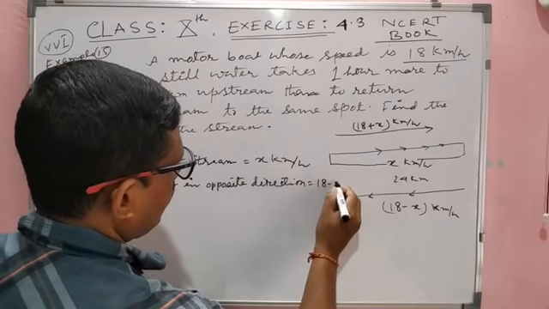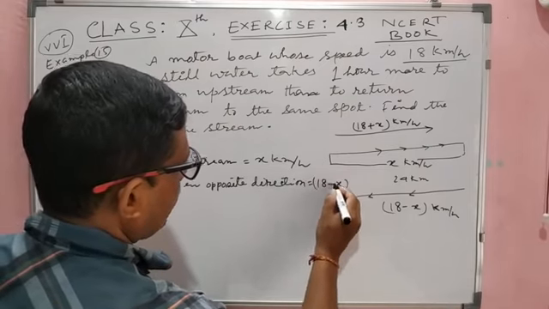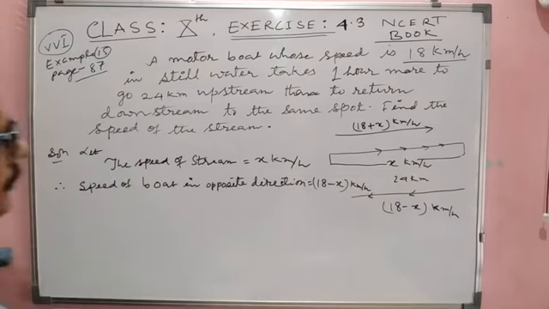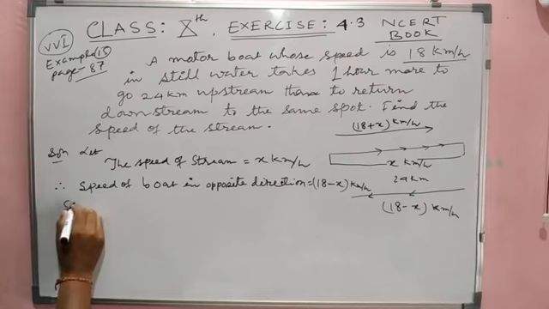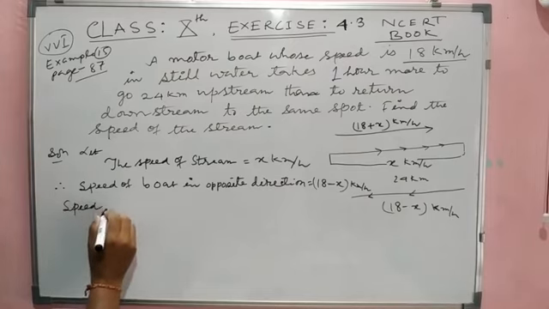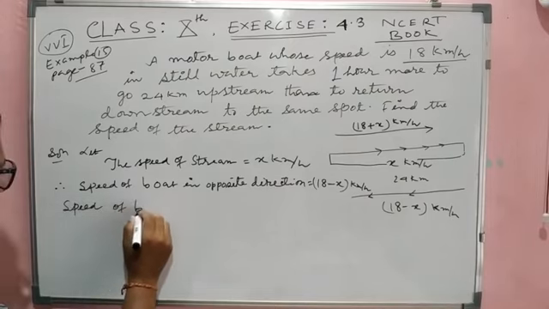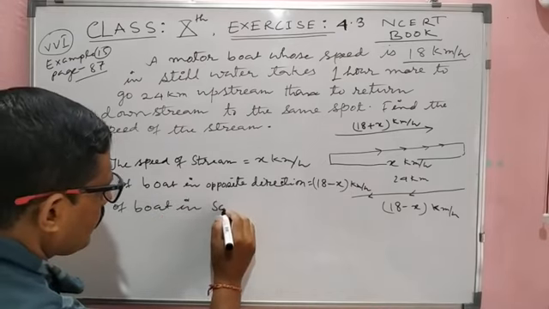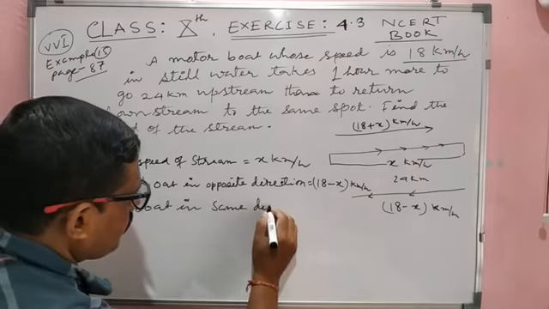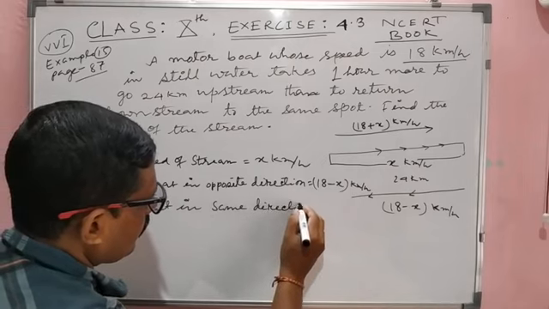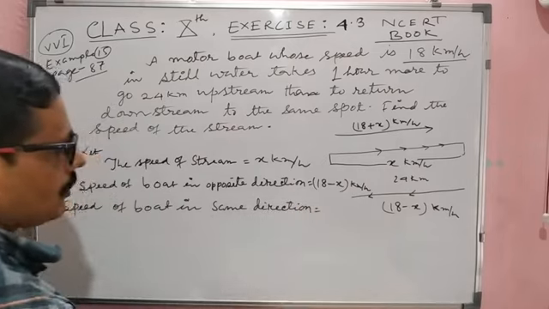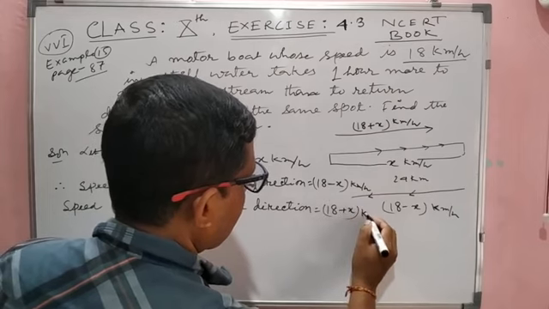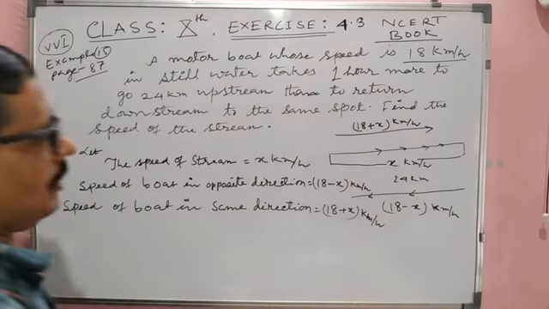equals 18 minus x kilometer per hour, and the speed of boat in same direction equals 18 plus x kilometer per hour.